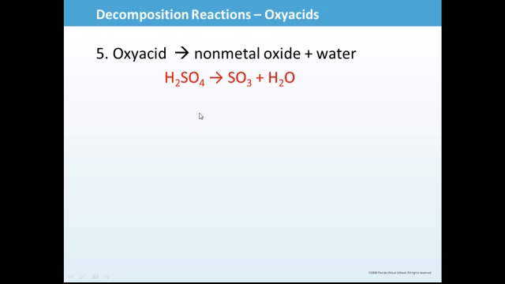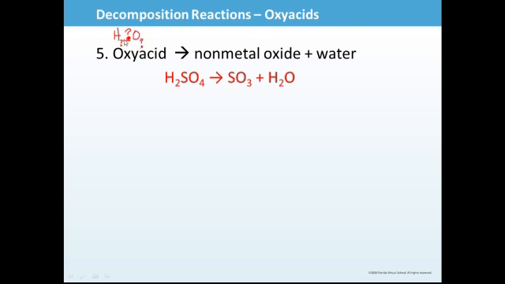Decomposition, 5th reaction. Oxyacid. Remember, I said at the beginning, decomposition is basically synthesis in reverse. Remember, an oxyacid is where you're going to have your H, some unknown chemical, sulfur, carbon, it could be a lot of things.